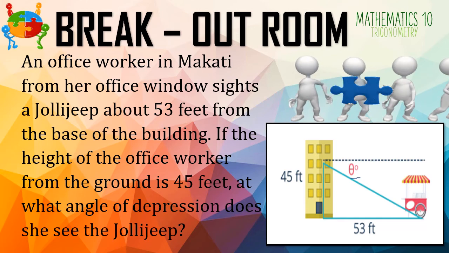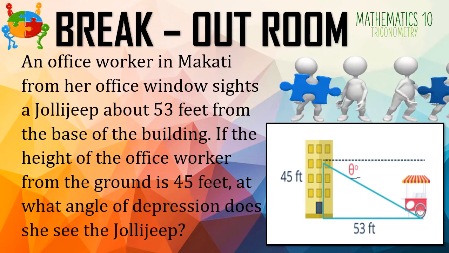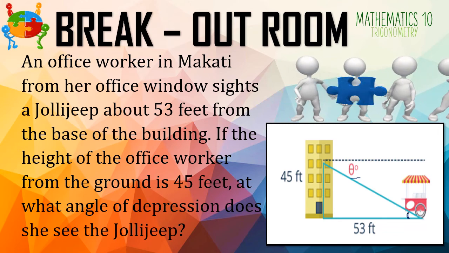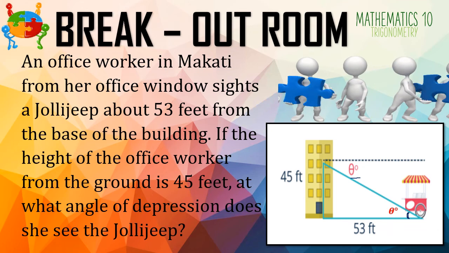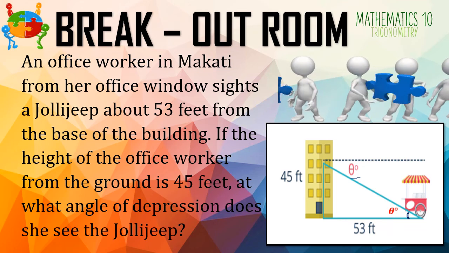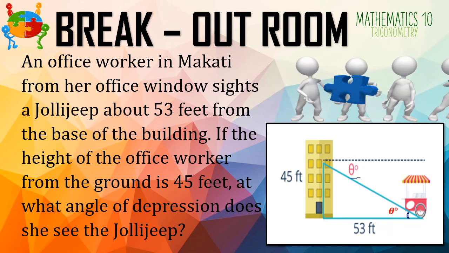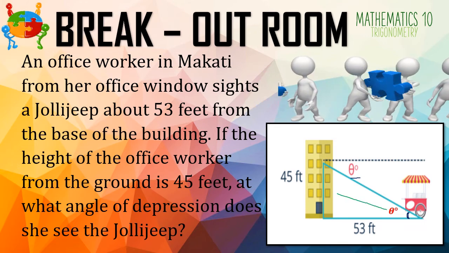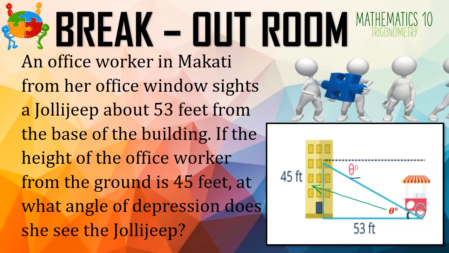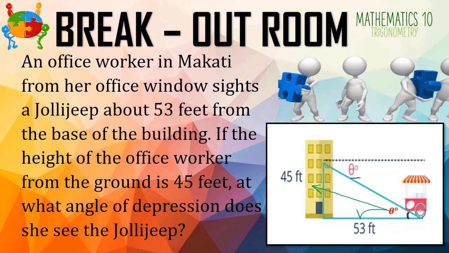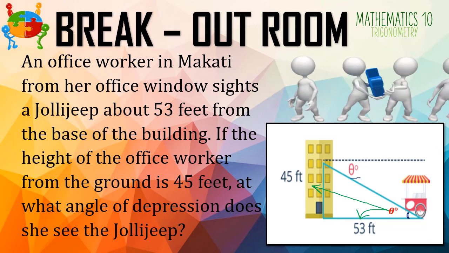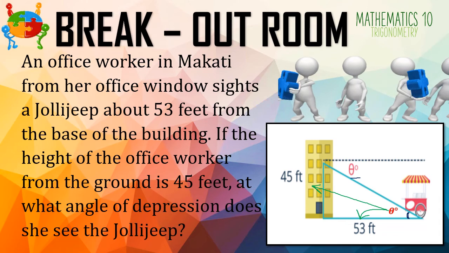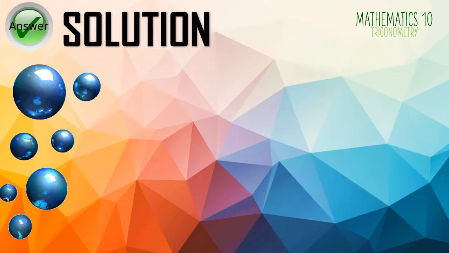If this is theta, that means the alternate interior angle will be theta as well. As you can see, based on the details given, 45 degrees is considered the opposite side and 53 degrees is considered the adjacent side. Therefore, we are supposed to use again the tangent function or tangent ratio.